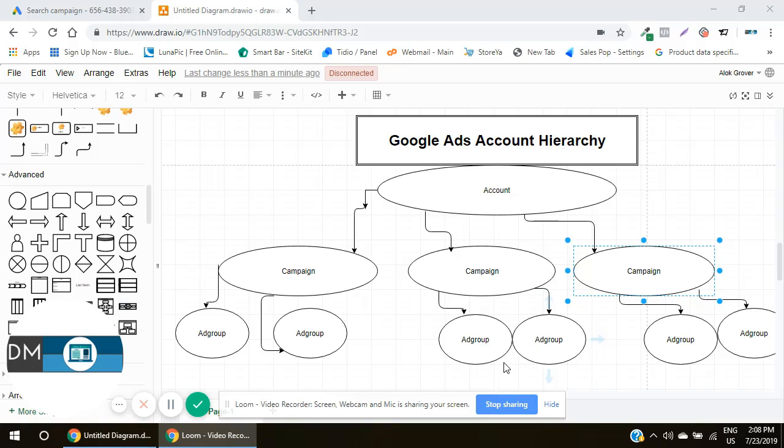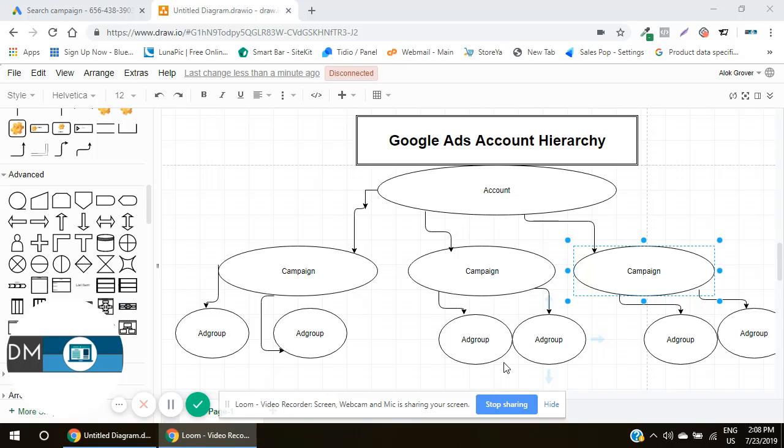Why? Because at the end of it, it reflects how efficiently you have structured your campaign, how efficiently your ads are running, and how efficiently your different ads are taking people to the pages where they actually want to land.